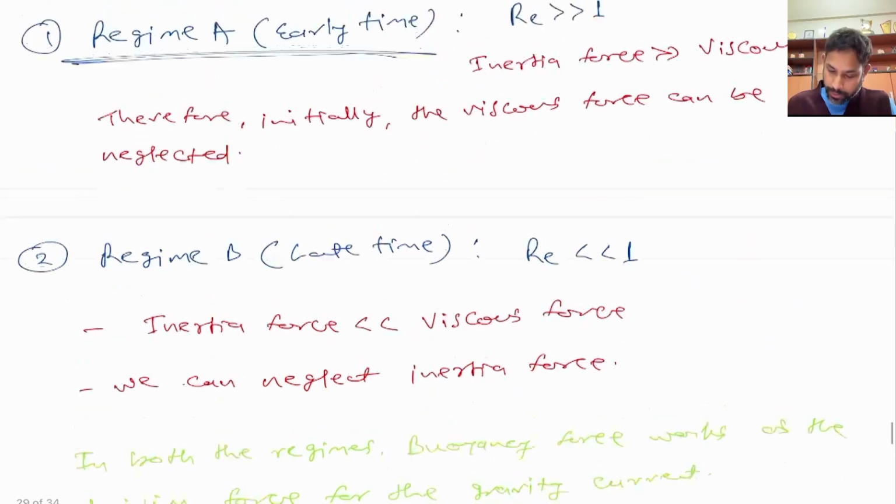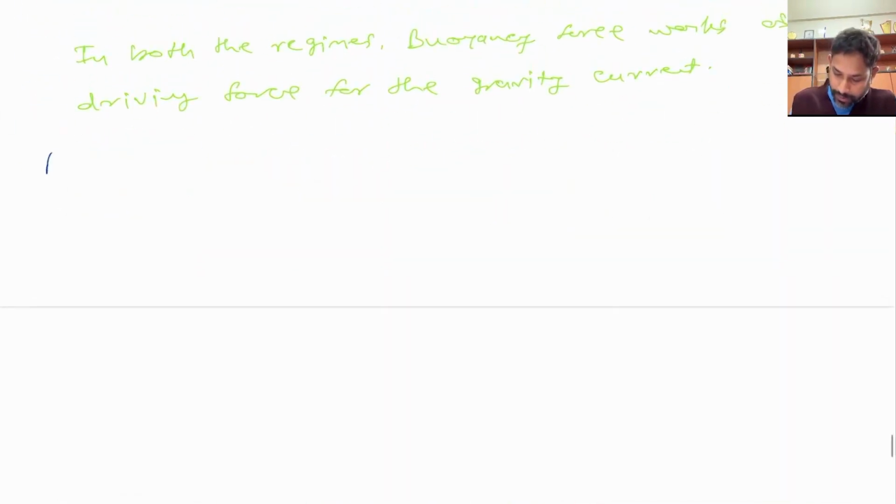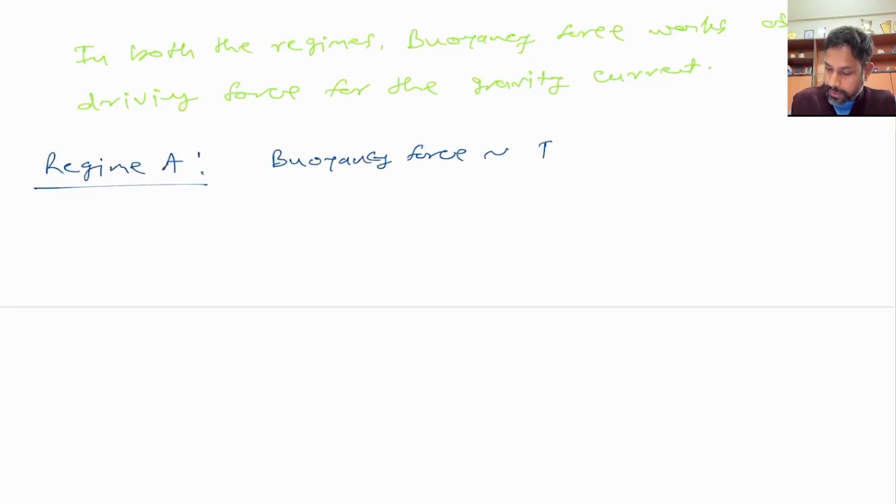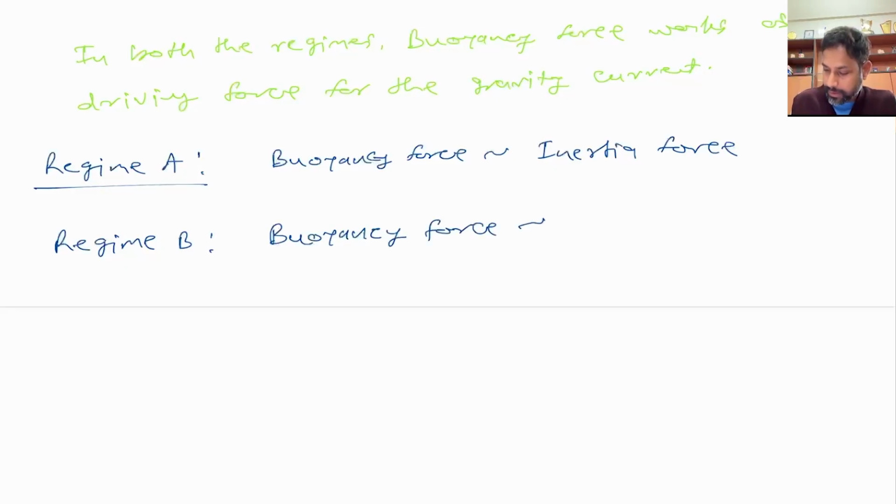So basically what we understand from here is, in regime A your buoyancy force is balanced by the inertia force, and in regime 2, regime B, buoyancy force is balanced by the viscous force.